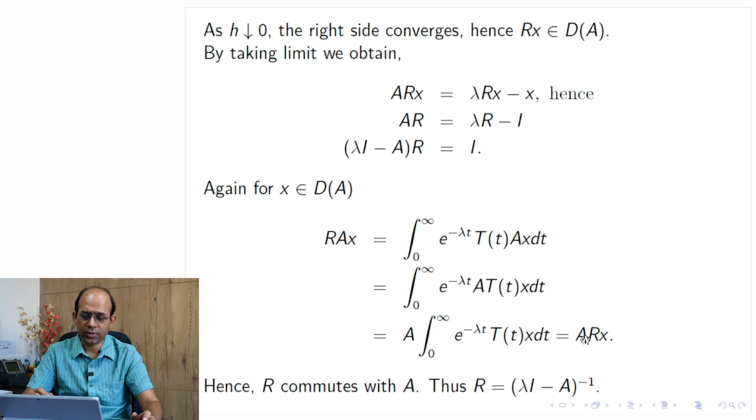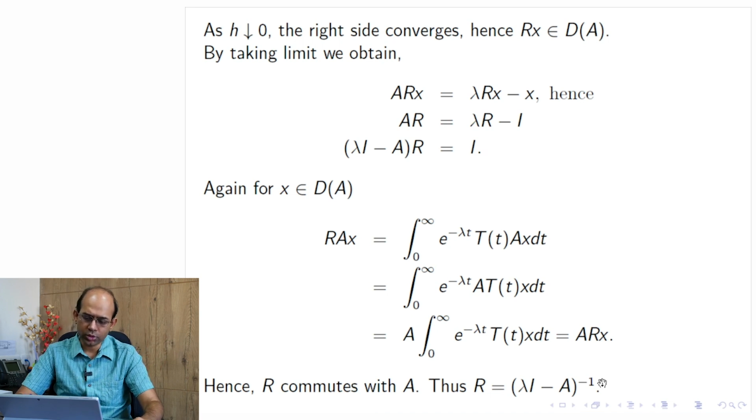So this clarifies that R and A commute, as long as small x is in the domain of A. Okay, so hence R commutes with A. So here also you can do the commuting things, and we can conclude that R is equal to (lambda I minus A) inverse. Okay.